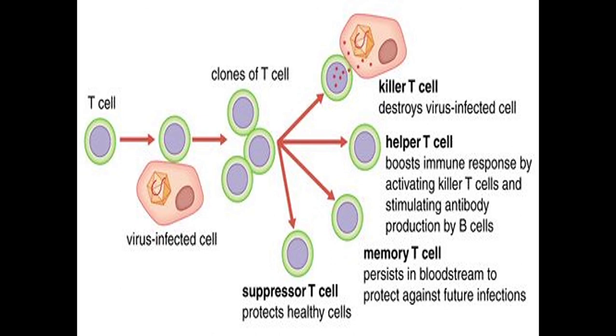So we have here the virus infected cells which will stimulate the T cell to produce more T cells. So we have several T cells that are formed. We have the killer T cells, the helper T cells, the memory T cells, and the suppressor T cells.